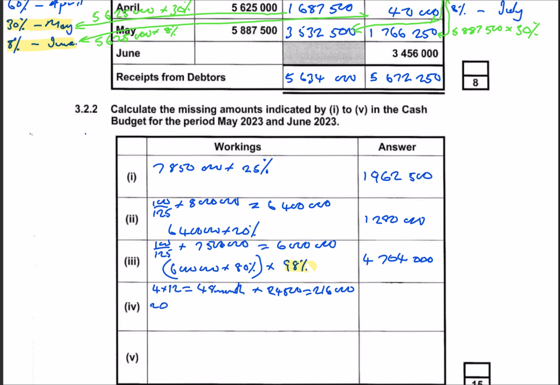So basically 20 over 80, because the 216 is the 80% after paying the deposit, times 216,000. That is 20 divided by 80 times 216. This will give you a deposit of 54,000.